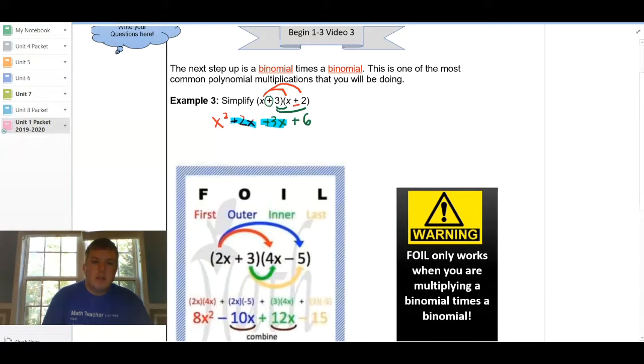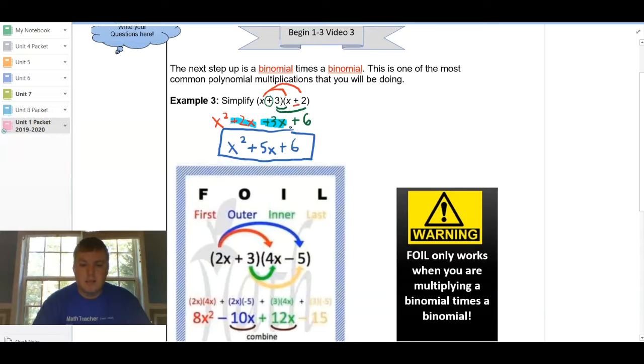I'm going to keep the x squared because it doesn't have anything that it's going to match up with. Then I'm going to combine the 2x and the 3x, which is going to give me 5x. And again, my 6 doesn't have a like term, so it's going to stay a plus 6. So that is going to be my answer: x squared plus 5x plus 6.